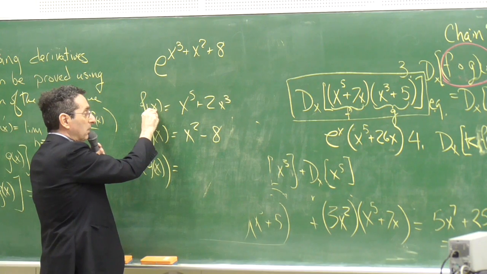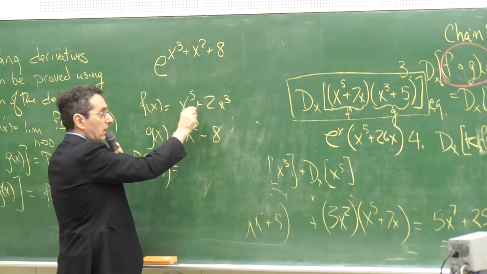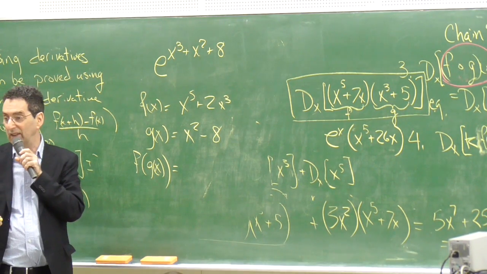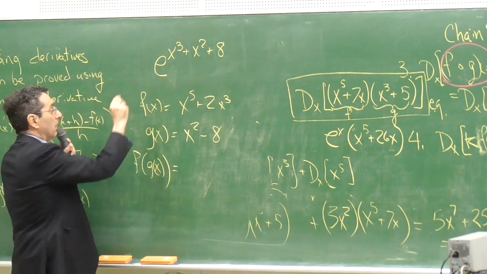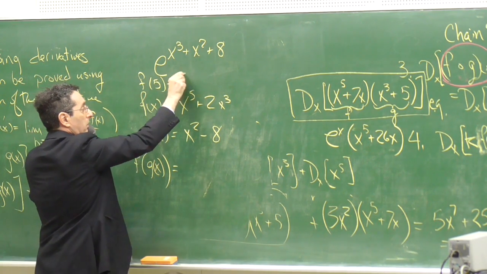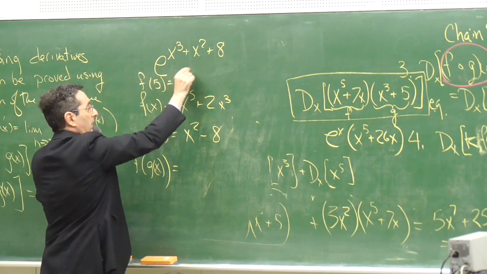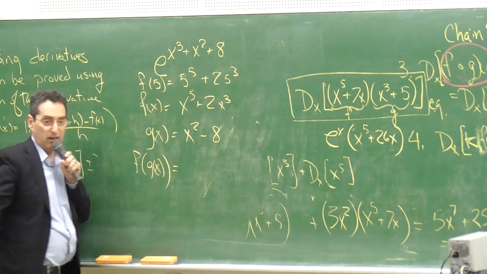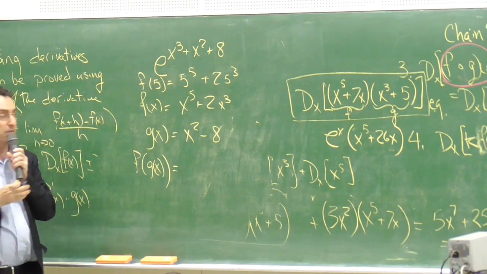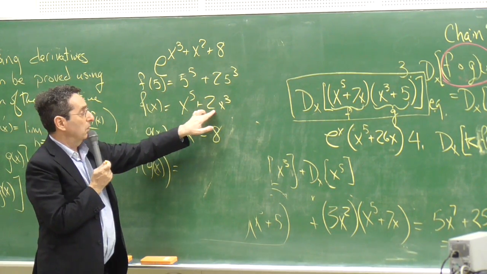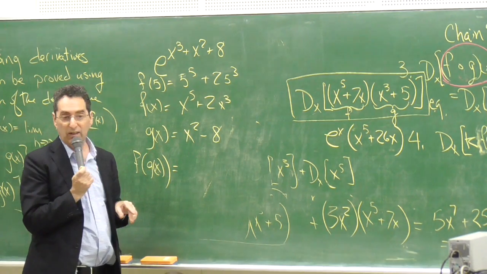So this says whatever you put in there, you're supposed to raise to the 5th and add 2 times it to the 3rd power. So if you put in 5, you just get 5 to the 5th plus 2 times 5 to the 3rd, right?